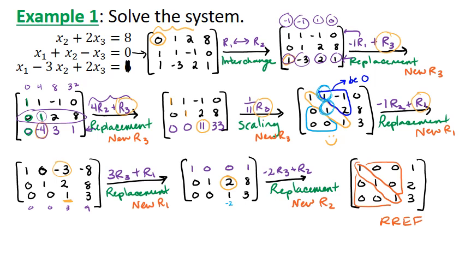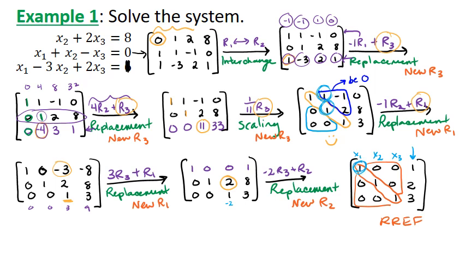When we set up our matrix, this first column represented x1, the second column represented x2, and the third column represented x3. And these are the constants.